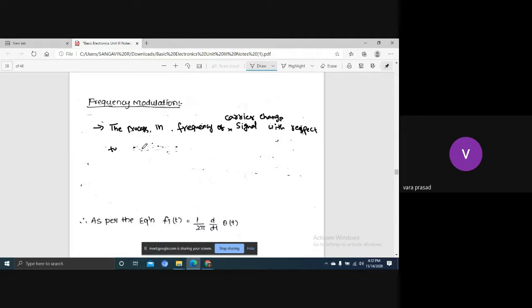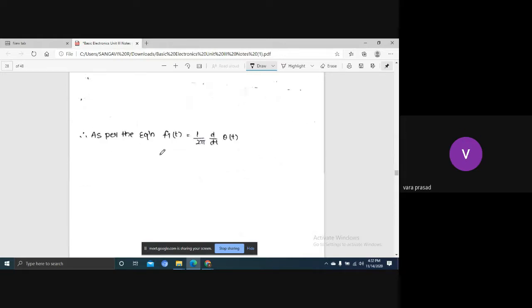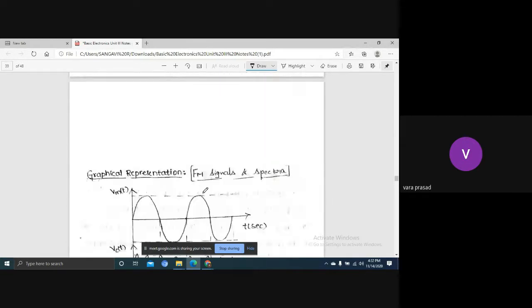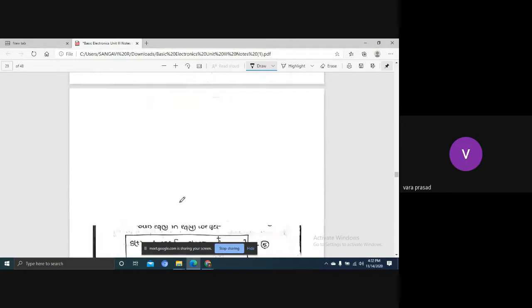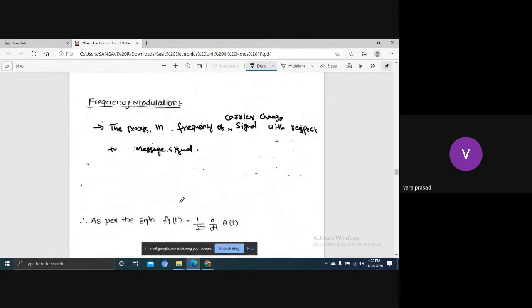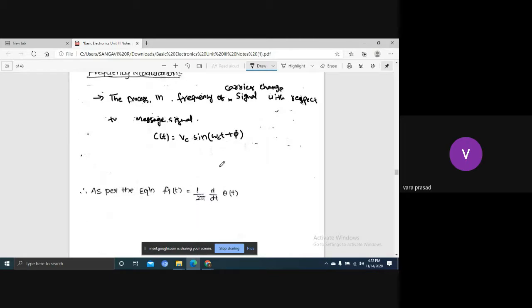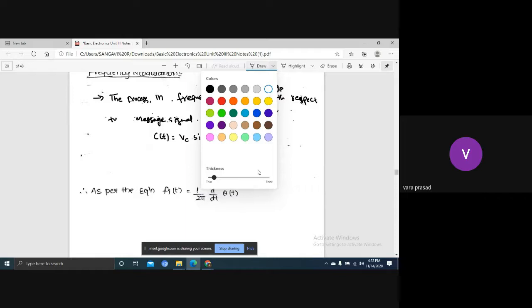Okay, here I can write the carrier signal C of t is equal to Vc into sine omega ct plus phi. Wait a second, I will erase these.